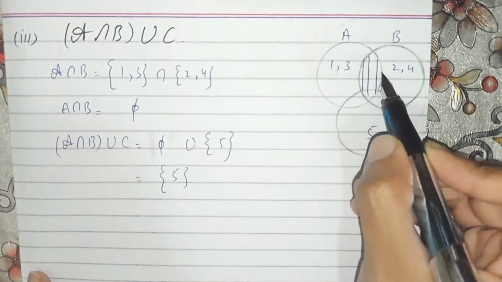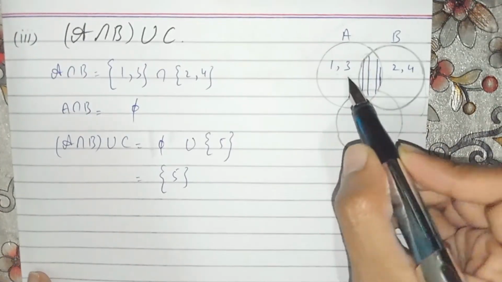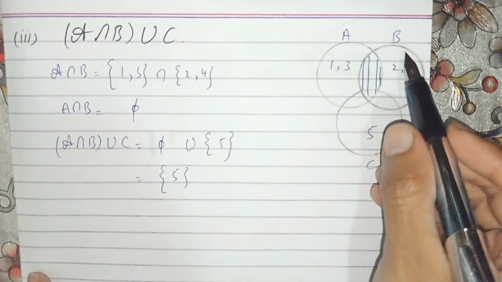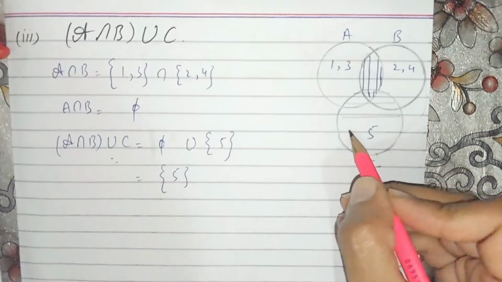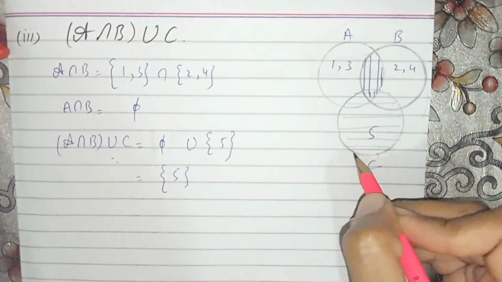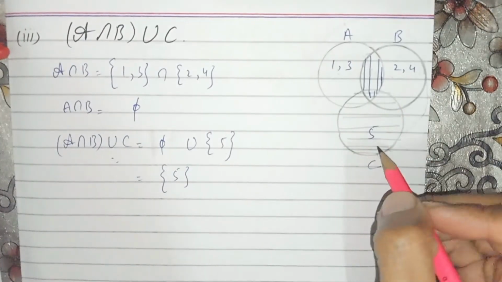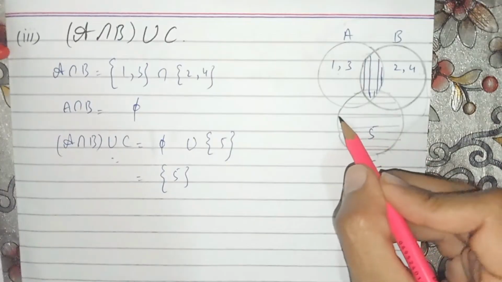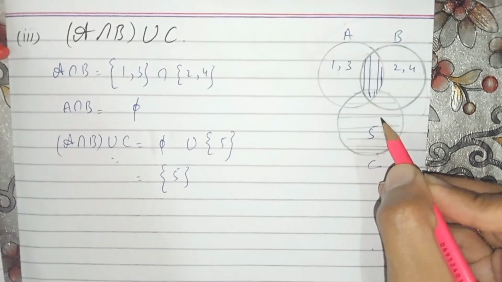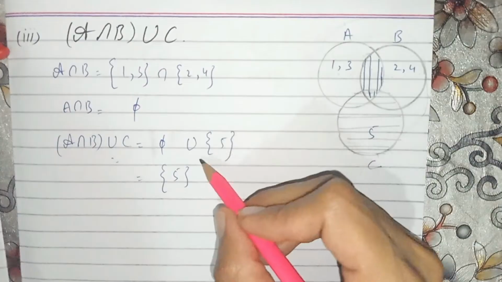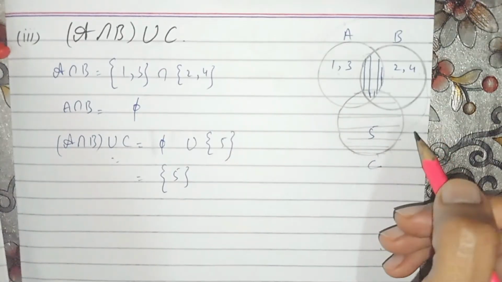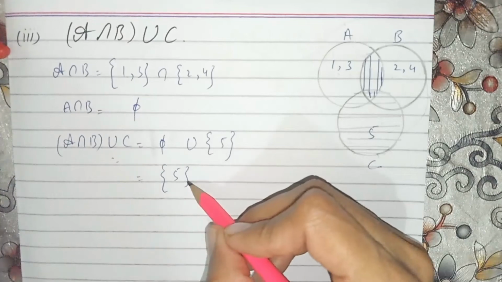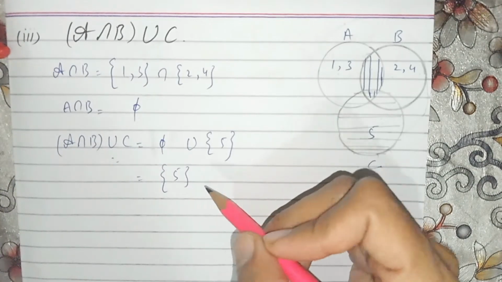These are the vertical lines. This is the A intersection B. And with C, we have to represent it by the horizontal lines, and there comes the 5, and we can see that this is the answer in part number C. Now students, part number C is solved.